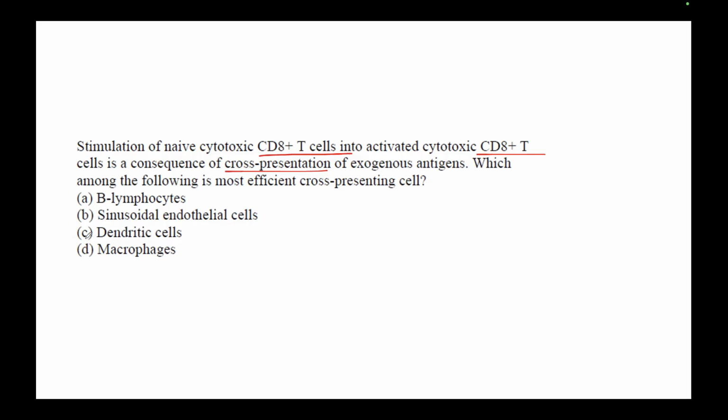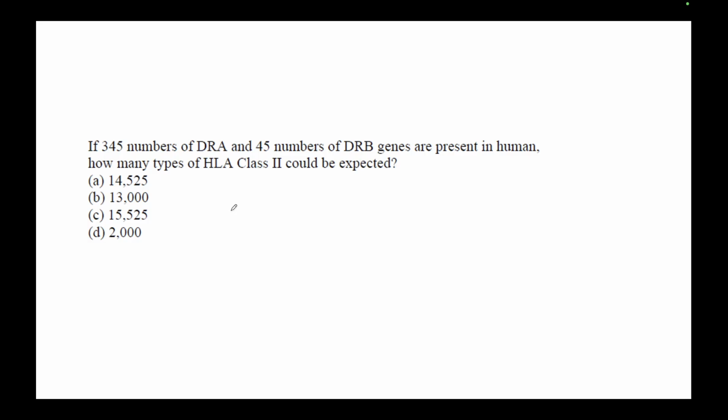Cross presentation we saw in case of dendritic cell, they are the most efficient cross presenting cell. So it is an exogenous antigen taken by the dendritic cell but being presented with the help of MHC1 molecule to the CD8 positive T cells. So the correct option is dendritic cell.